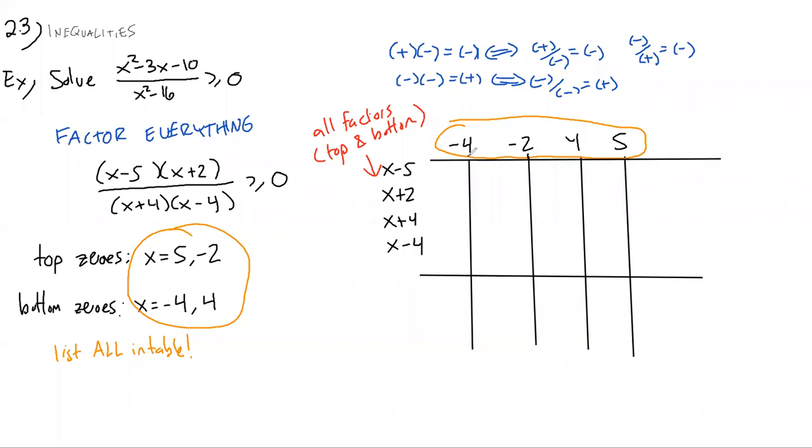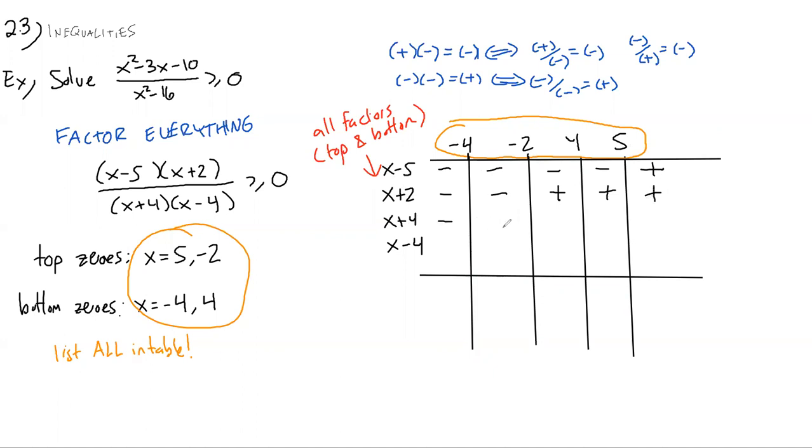And so we can just kind of use what we know about these functions. They're all very simple lines. They're increasing, so they start in the negatives, and then they flip positive when they hit their zero. So x minus 5 flips positive at 5. X plus 2 flips positive at -2.